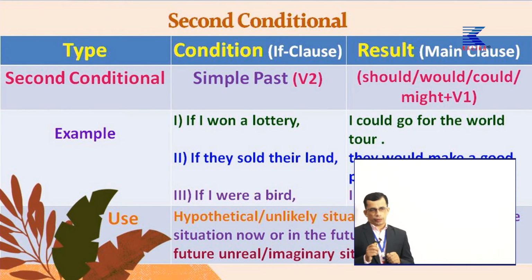Similarly, the third rule, I mean second conditional. Second conditional, simple past tense is used, verb 2, in the conditional clause, in the if clause, whereas in the result or consequential clause or main clause, should, would, could, might plus verb 1 is used.